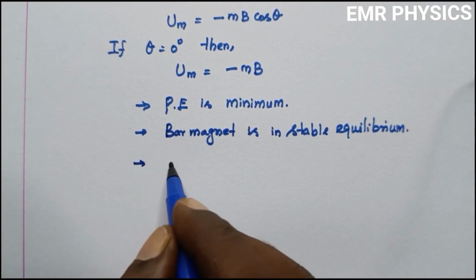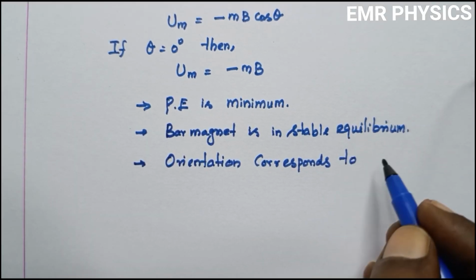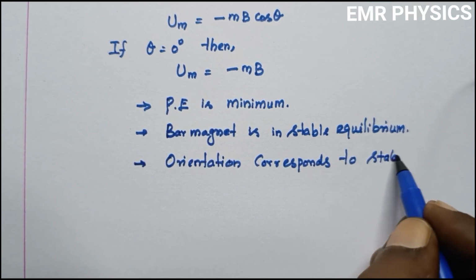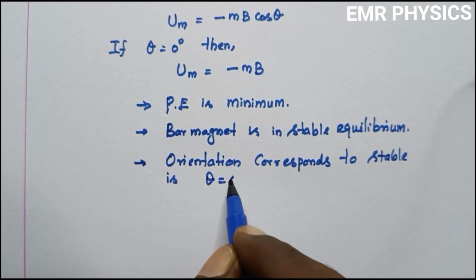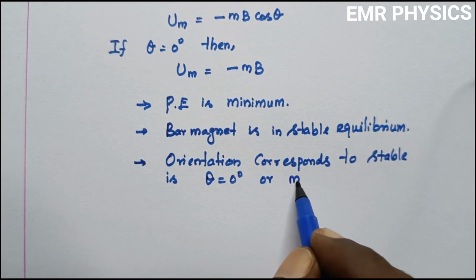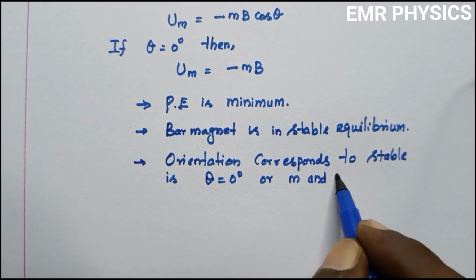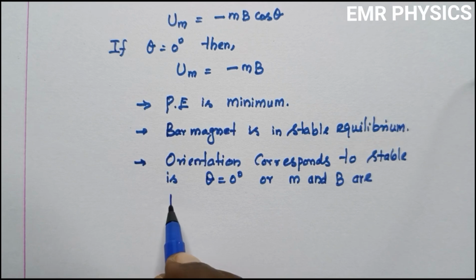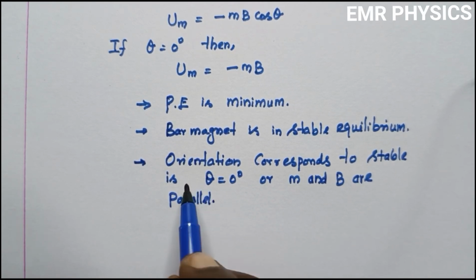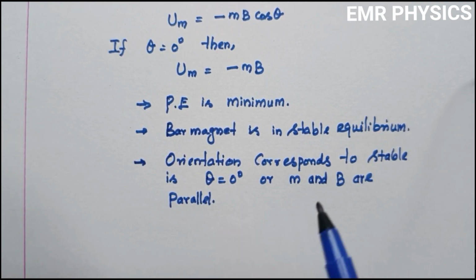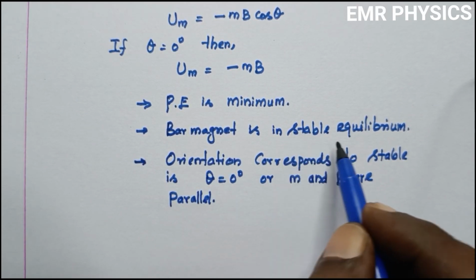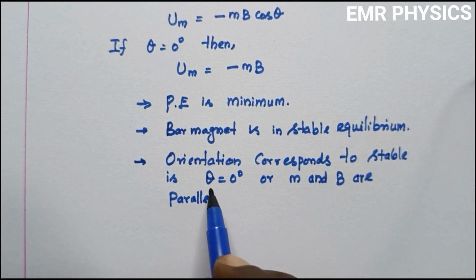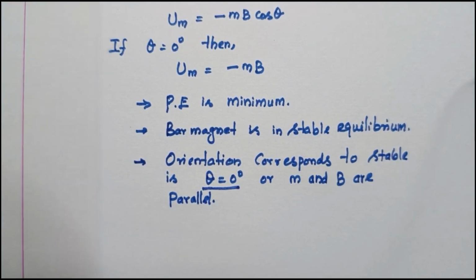Therefore, the orientation corresponding to stable equilibrium is theta equal to 0 degree, or m and b are parallel. If m and b are parallel, that is the orientation for the bar magnet to be in stable equilibrium. So, this is the answer for the first one.